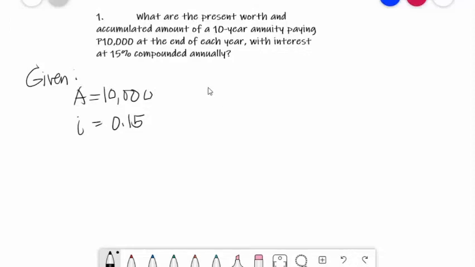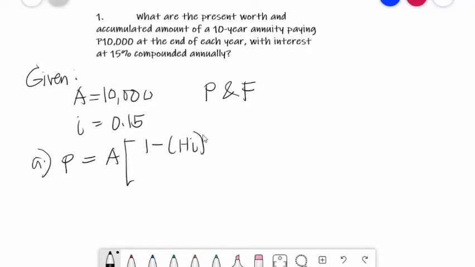Required are the present and the accumulated amounts, which means the future. First is the present. P is equal to A multiplied by (1 minus (1 plus i) raised to negative n) divided by i.